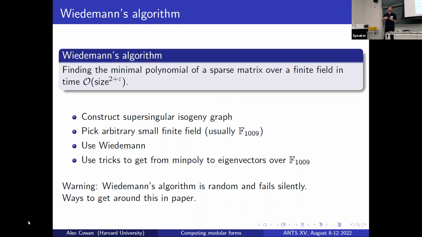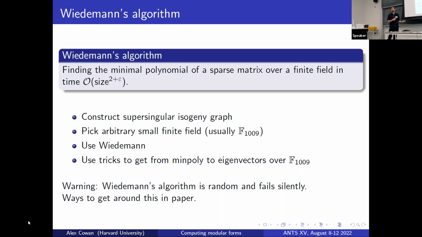Wiedemann's algorithm is so great that we're just going to pick some arbitrary small finite field. Here I chose F_1009, completely random. And we're going to do everything mod 1009, and then we're going to figure out how to lift it back to characteristic zero later.